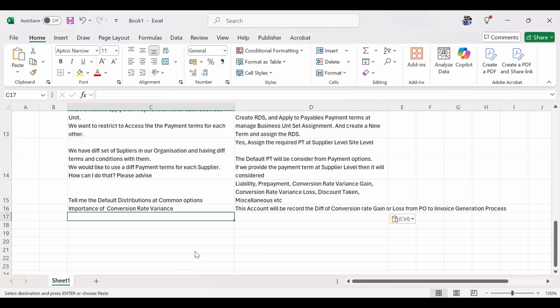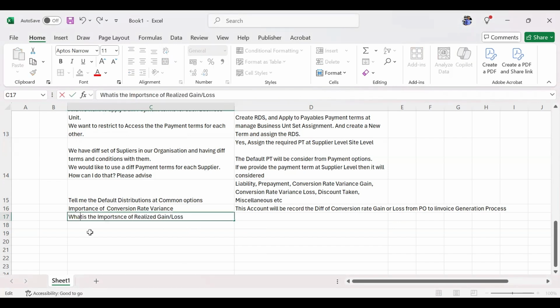And next level, what is the importance of realized gain and realized loss? What is the difference between conversion rate and realized gain?